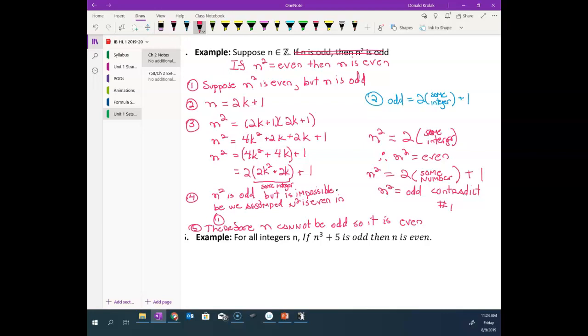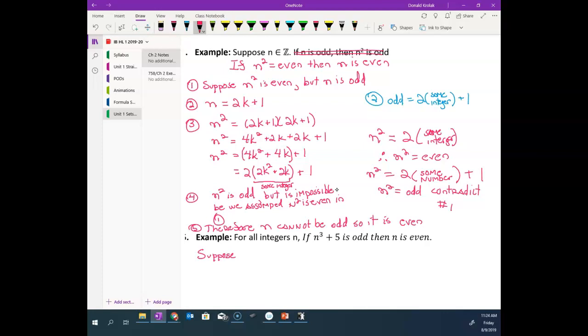So try your hand at the last one. If you're told that that's odd, then n has to be an even number. So what would you start by assuming? Odd.